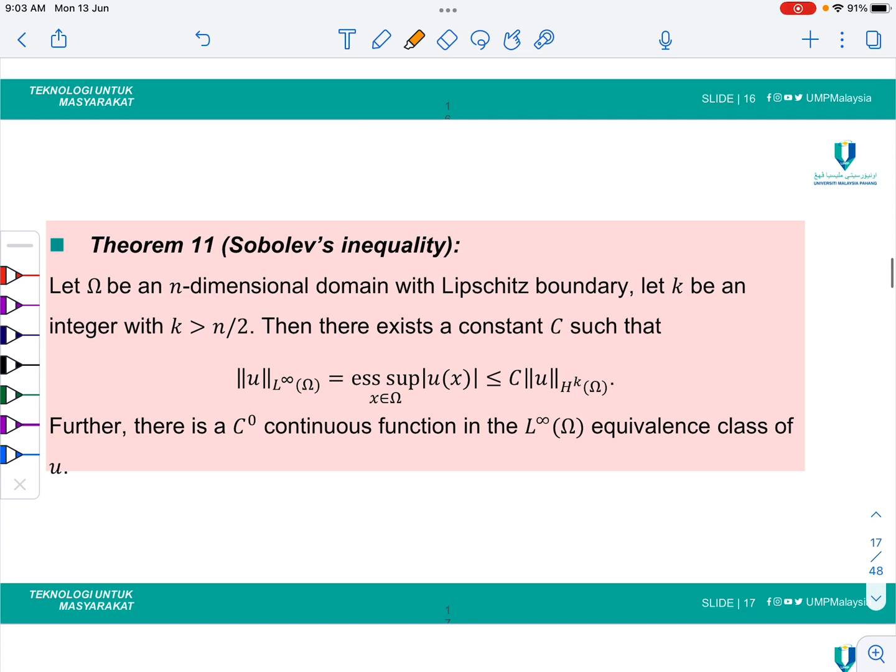Theorem 11, Sobolev's inequality. Let omega be an n-dimensional domain with Lipschitz boundary, let k be an integer with k greater than n over 2, then there exists a constant c such that the L infinity norm of u, taking the sup, has an upper bound c times the Hk norm of u.